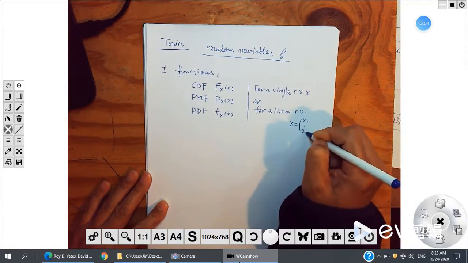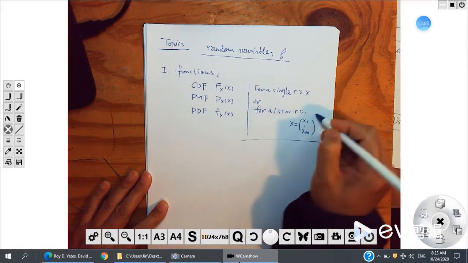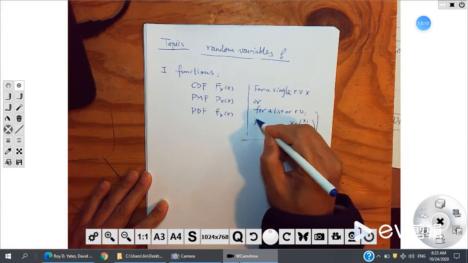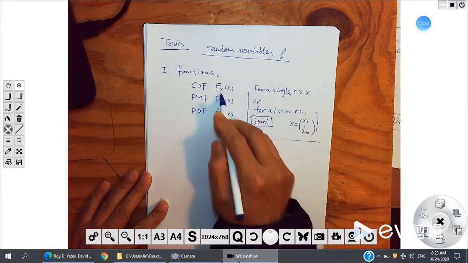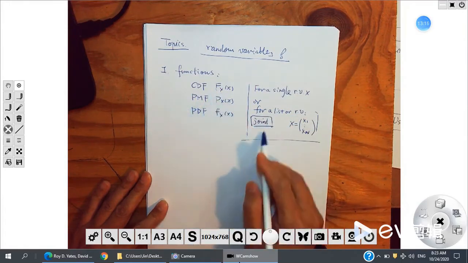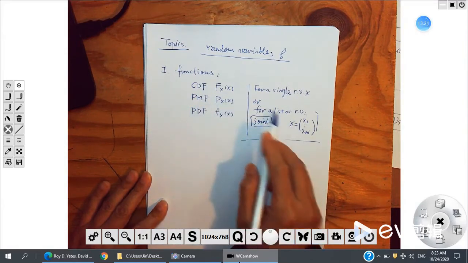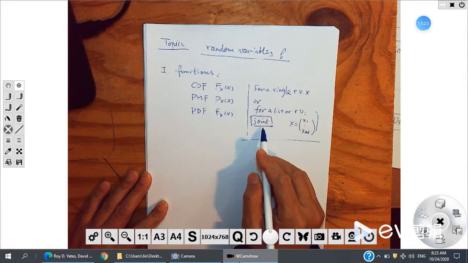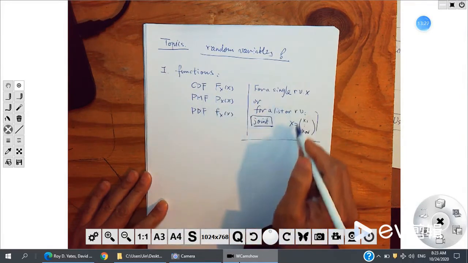We have two cases. This case we call the joint distribution. Joint PDF, joint CDF, joint PMF. You put "joint" in front of them. We have both. You can check the notes or textbook to find their definitions.